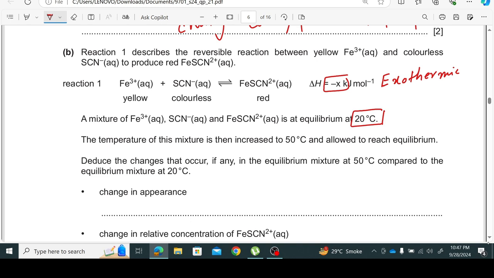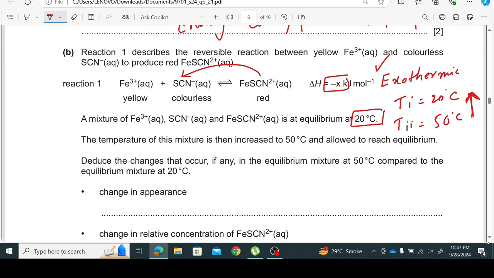Our initial T1 is 20 degrees Celsius and the second temperature T2 increases to 50 degrees. If the reaction is exothermic and you increase the temperature, your equilibrium will shift to the left hand side.